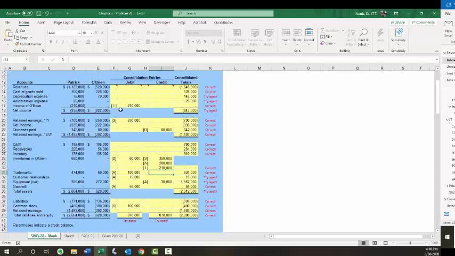So the E entry is depreciation expense is going to be decreased by the 3,000, and amortization expense is going to be increased by 15,000. And the offset will be the trademark will get the credit for the amortization, and the equipment accumulated depreciation will get the offset for the depreciation.